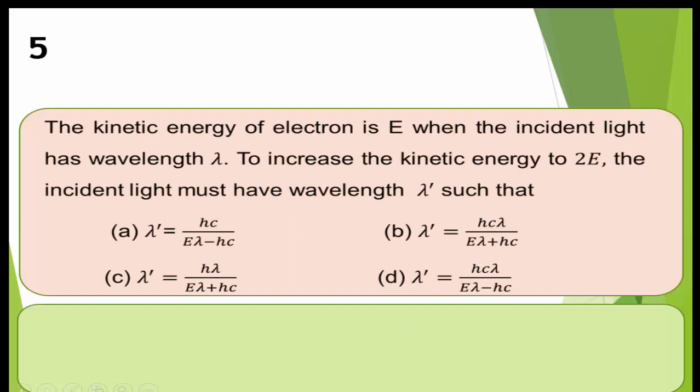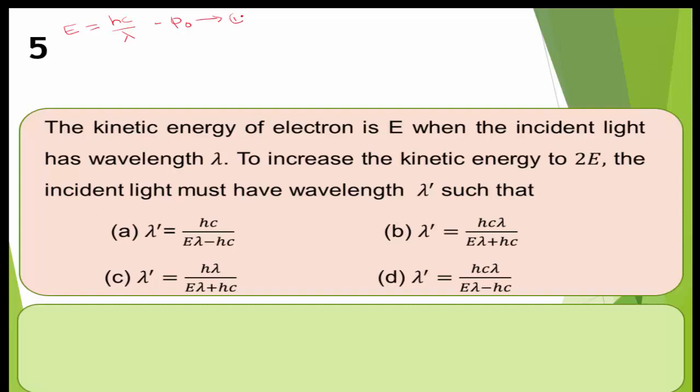The kinetic energy of electron is E, and the incident light has wavelength lambda. To increase the kinetic energy to 2E, the incident light must have wavelength lambda dash. According to the Einstein equation, we know the formula E is equal to hc divided by lambda minus work function.